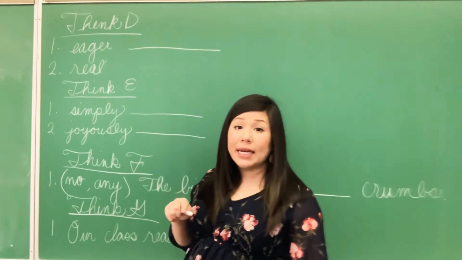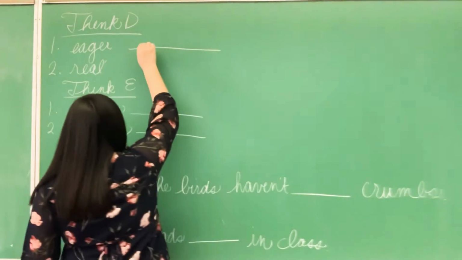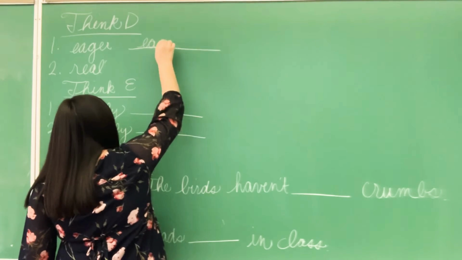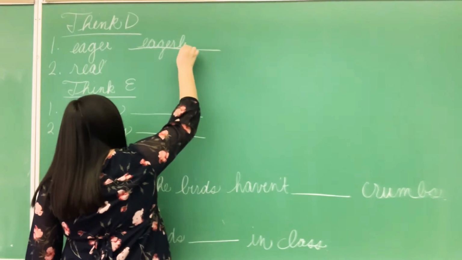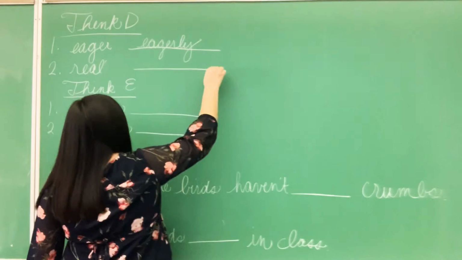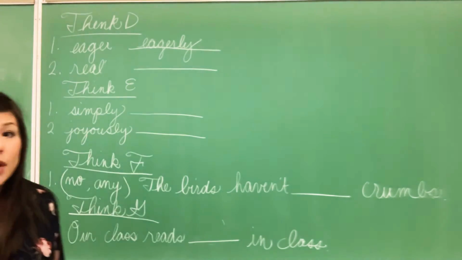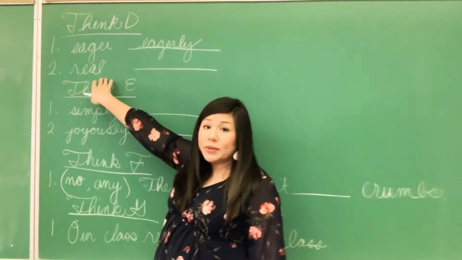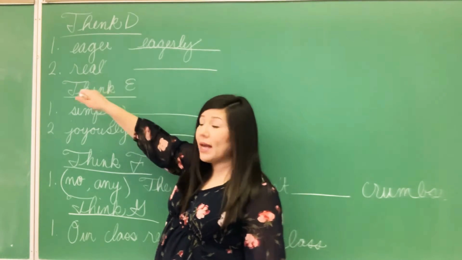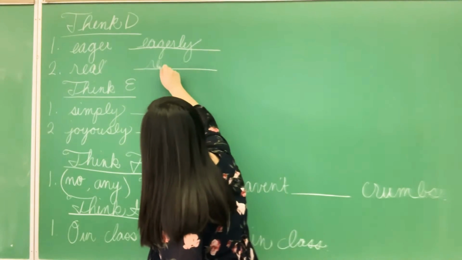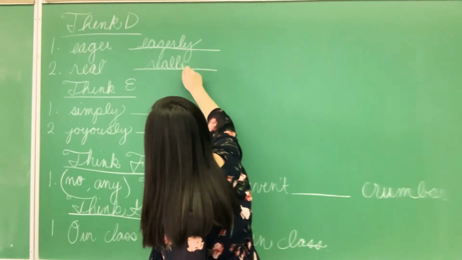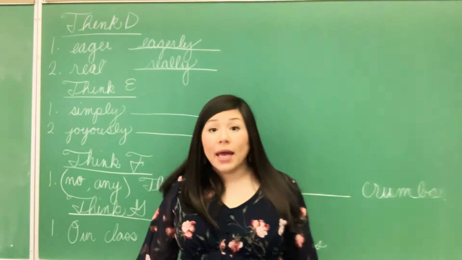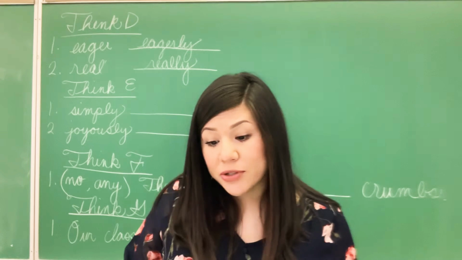By simply adding ly to the end. So it would be eagerly. All right. Number two, how can I change the word real to an adverb? By simply adding ly again. So now I will have really. All right. And you, class, will finish numbers 3 through 5.